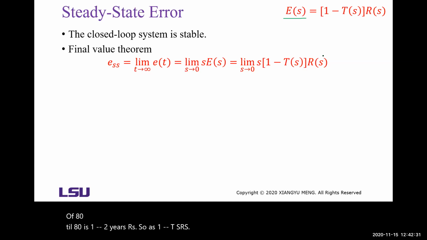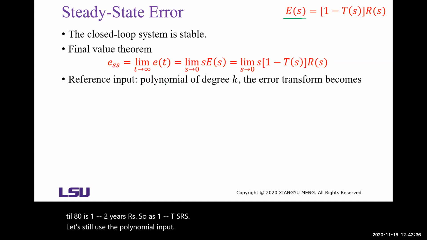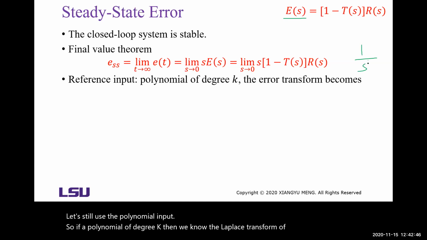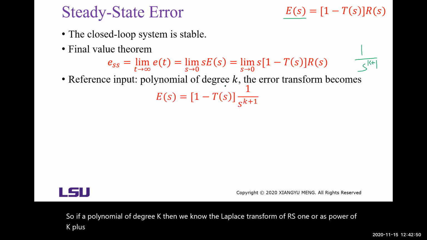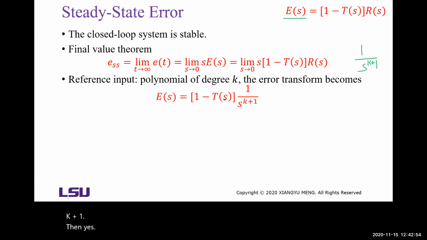Let's still use the polynomial input. If it is a polynomial of degree k, then the Laplace transform of R(s) is 1 over s to the power of k plus 1. Then E(s) will be (1 minus T(s)) times 1 over s to the power of k plus 1.